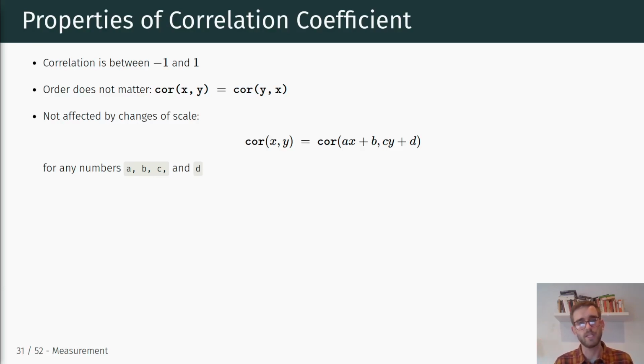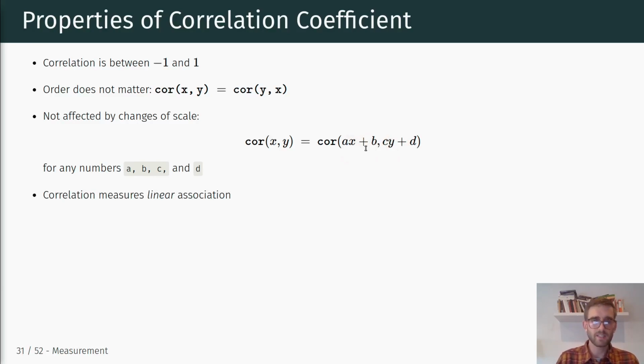Clearly a positive correlation, and that correlation will be the same regardless of whether you measure height in centimeters versus inches and weight in kilograms versus pounds, right? So these are all linear transformations of the scale, and the correlation itself is not affected by these linear transformations, which is what is expressed here.